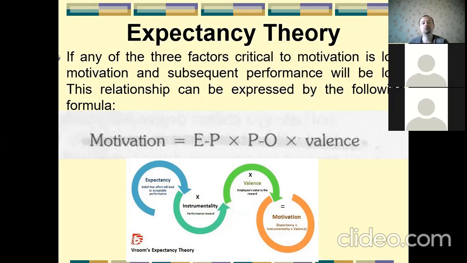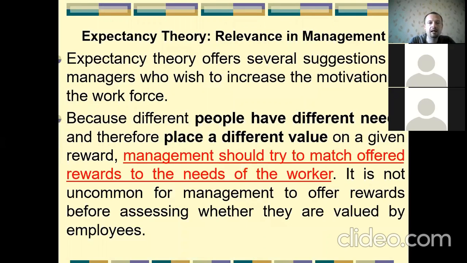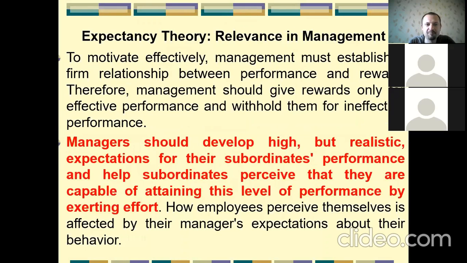But it must be clear for you, it must be obvious for you that we, as managers, have to think not only about the reward, but about something else. Here is the explanation how to use this theory.